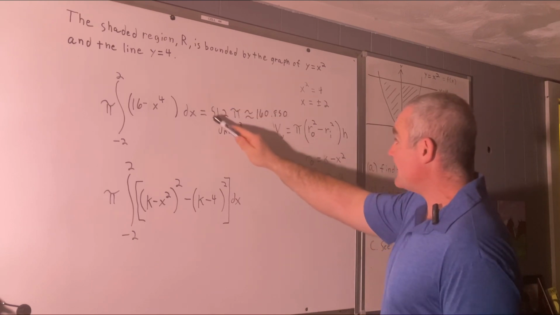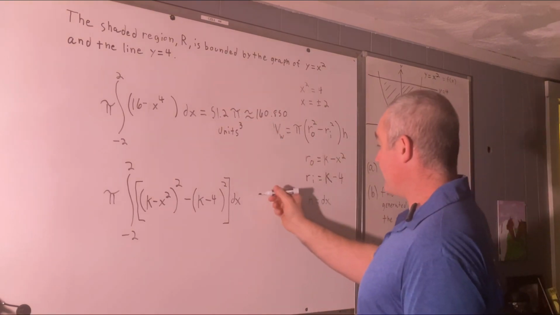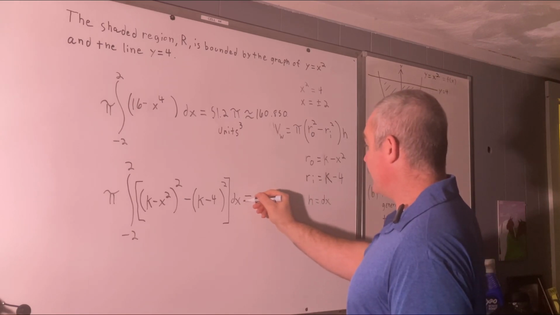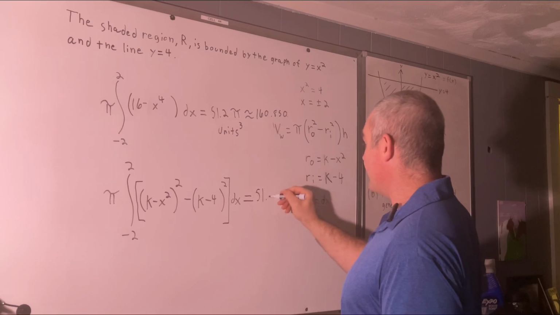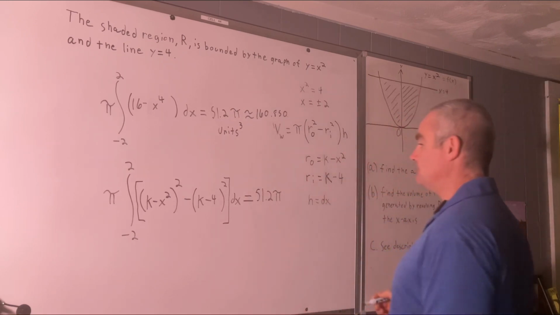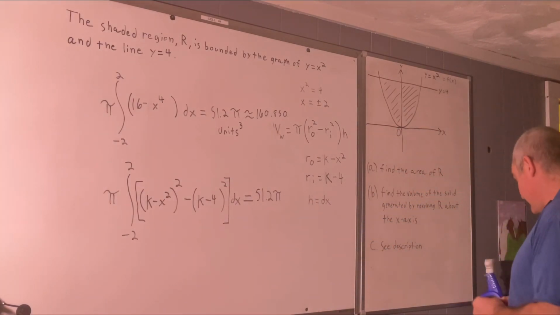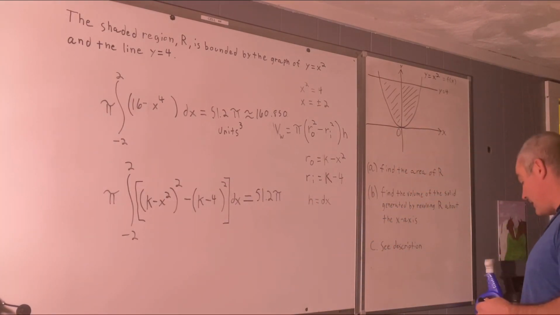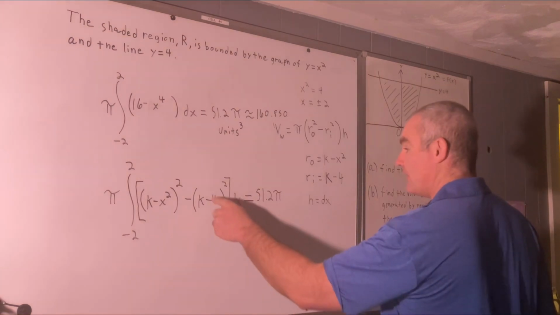We want it to be equal to 51.2 pi units cubed. So we set it equal to 51.2 pi, and we're done. This is an equation involving an integral expression that can be used to find the value of k.